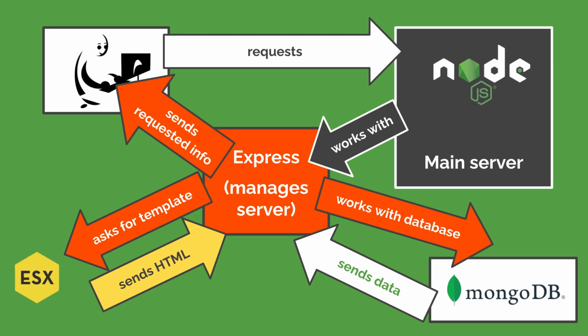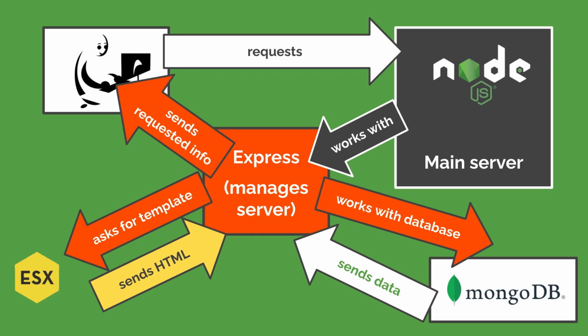Now, Node is the main server, but Express is a module of Node, so the two work together. They're intertwined. And Express is going to take the client requests and it's going to send them a response in return. It's going to perform what the client wants.